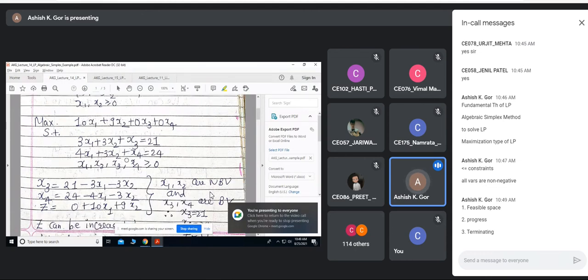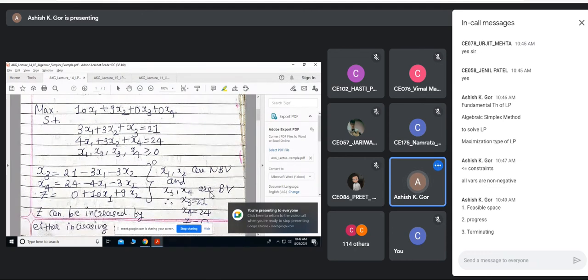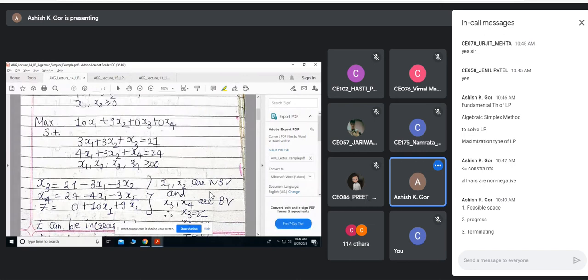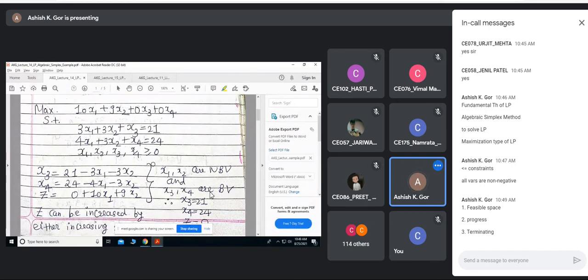This is an algebraic method, so it is a mathematical method. First I will make the slack variables, x3 and x4, basic variables. What does that mean? The other two variables I set to 0. So initially I set x1 and x2 to non-basic. Actually, we are intended to solve for x1, x2, but I set them to 0.